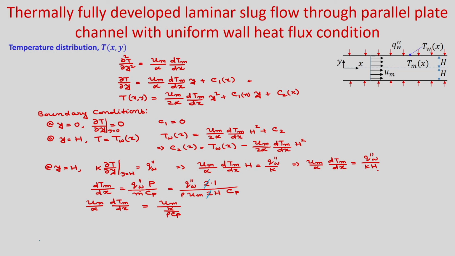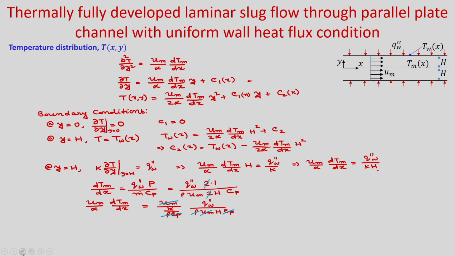So, you can write q double prime w divided by rho u m h into C p. Now rho C p will get cancelled, u m will get cancelled.